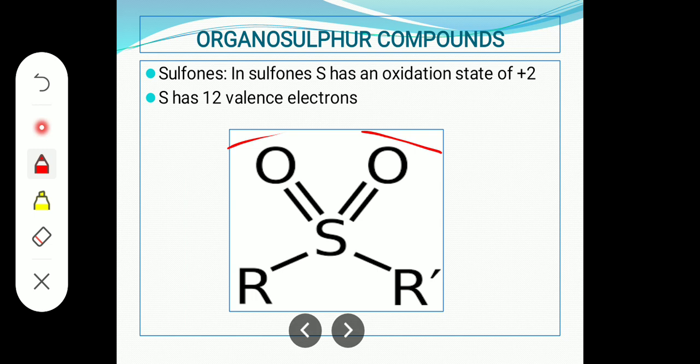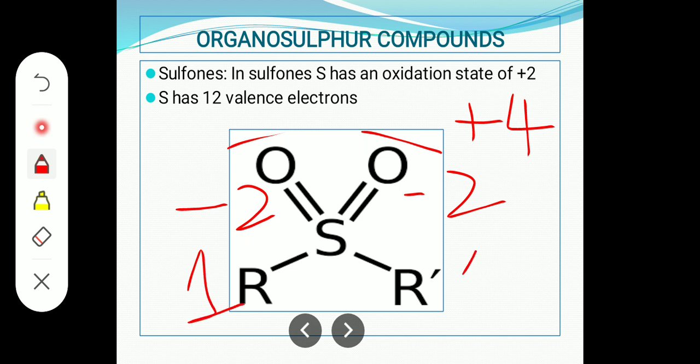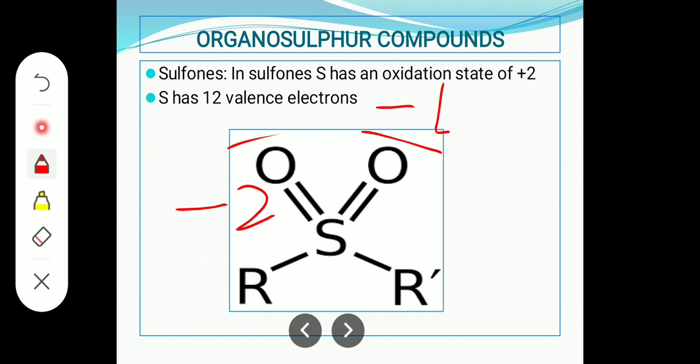So if I consider each oxygen to have an oxidation number of -2, that is -4, and each R group is +1, so +2. So we can consider it as -4 + 2 is equal to X, so X is equal to -2. Okay, so this is how we are finding out the oxidation state of sulfur in sulfones, which happens to be +2.